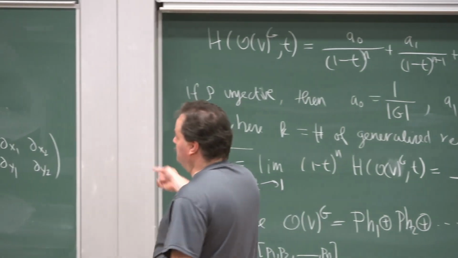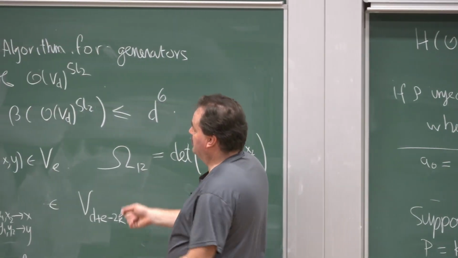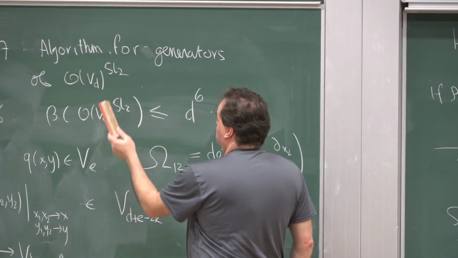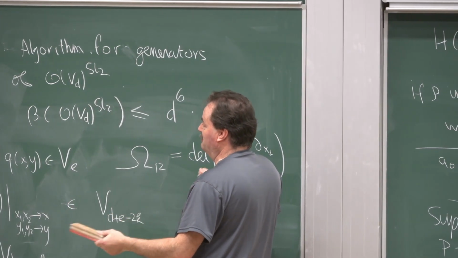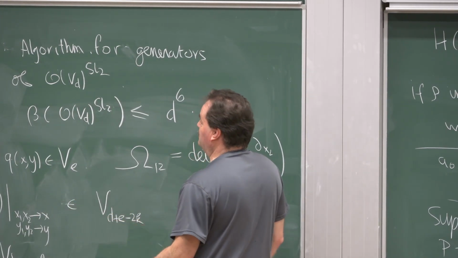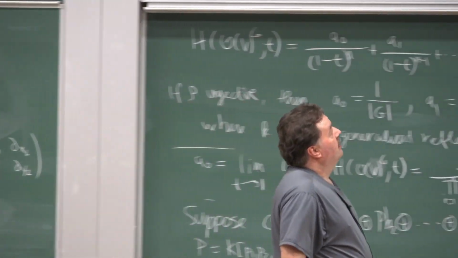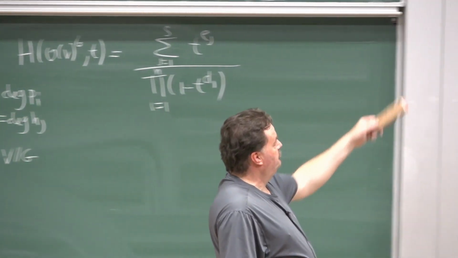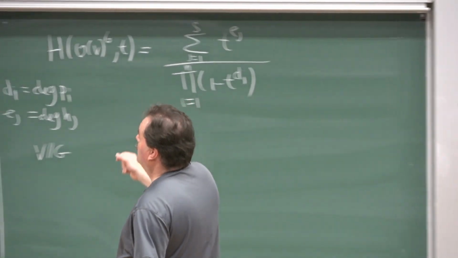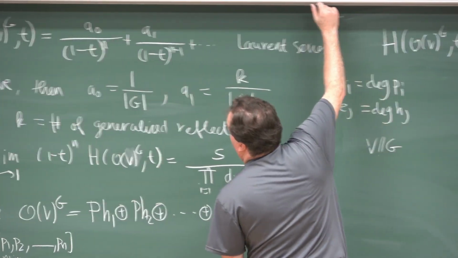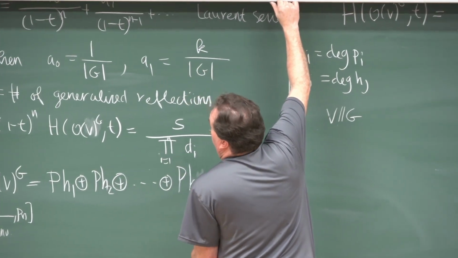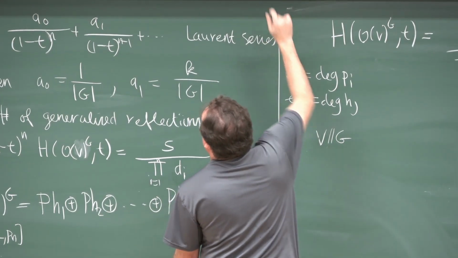In principle, we can also generalize this. This is an irreducible representation, but more generally, we may have a reducible representation. For a torus, we also have a nice bound. And in principle, we can always get a nice bound when we have a linearly reductive group.